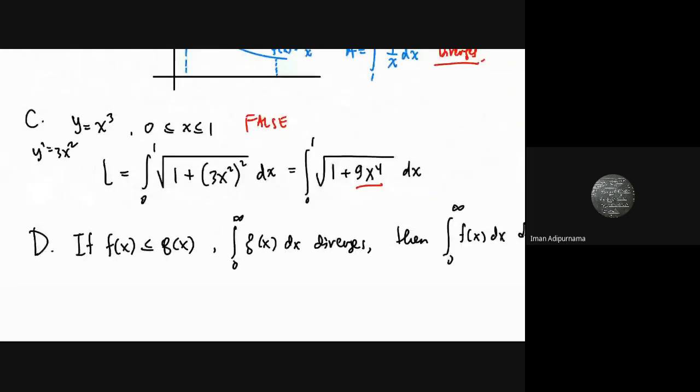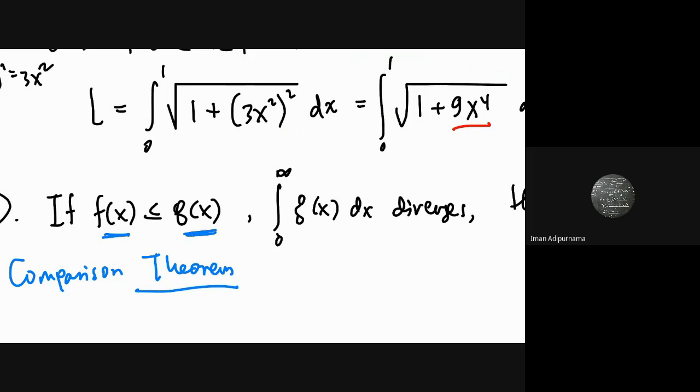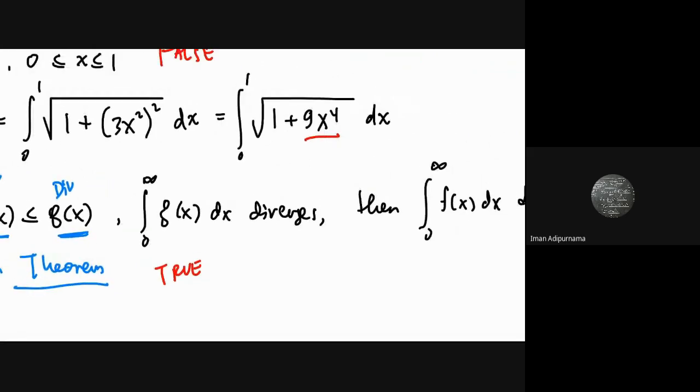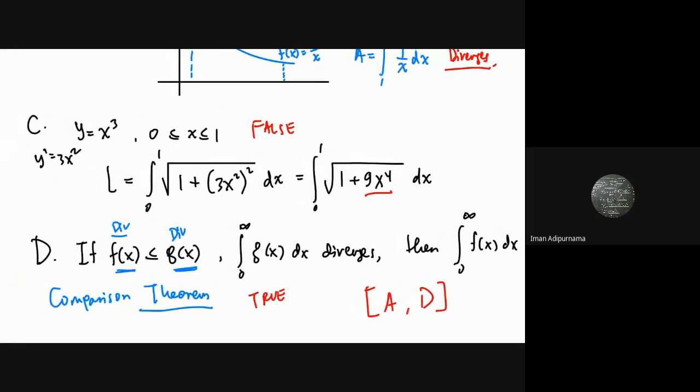This is the comparison theorem. If you remember, you can check your notes if you want: when we have f less than g and g diverges, then f also diverges. So this is true based on the comparison theorem. So we know that the true statements are A and D.